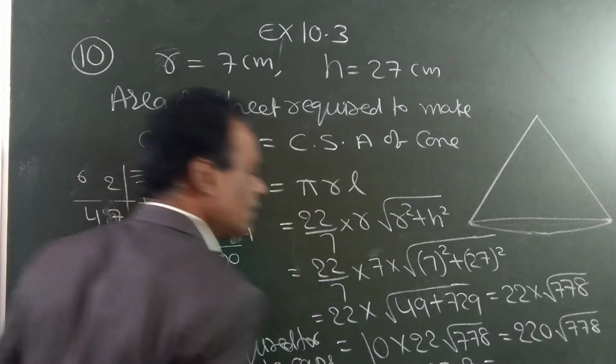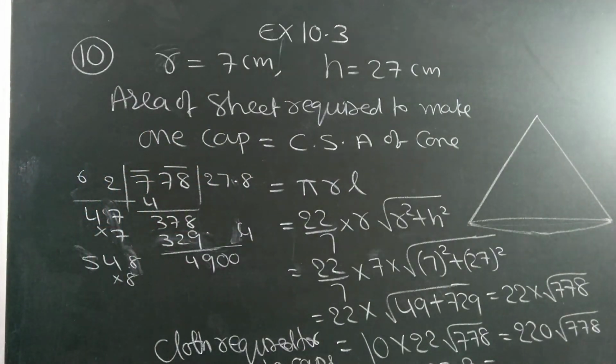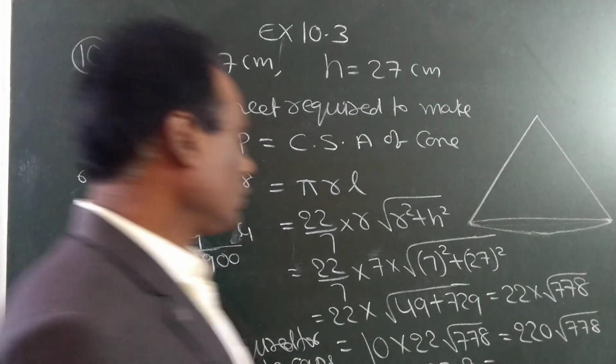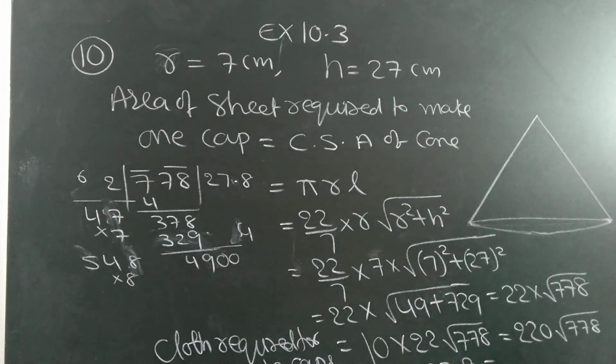So multiply this, that is your answer. 27.8, one more number you will get, and if you multiply with 220, that is your textbook answer.